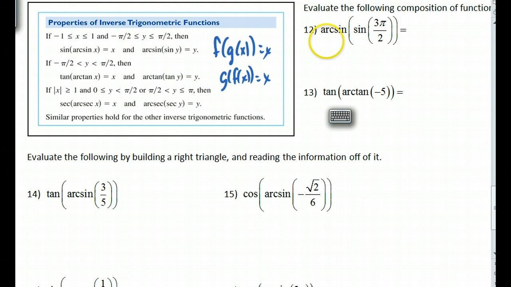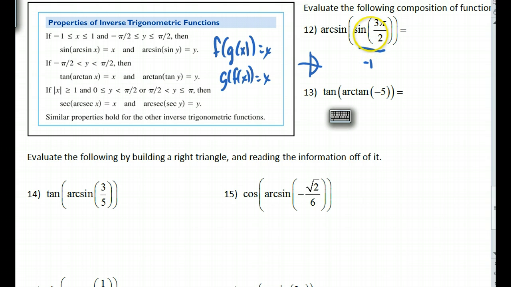So for example, this one, arcsine of sine of 3 pi over 2. You might say that we get 3 pi over 2. But the problem is that if I look at this value right here, sine of 3 pi over 2 is going to be negative 1. And if I take the arcsine of that, I need to be in one of these two quadrants. Oh, endpoints there too.